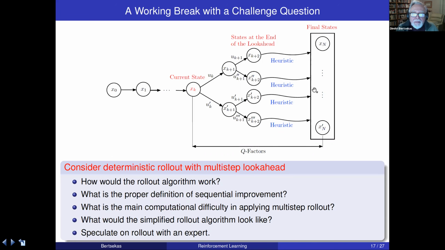That's the basic structure. Based on the Q factors that we obtain this way, for every sequence there's a Q factor, we can build a rollout algorithm. My first question to you is, how would this rollout algorithm work?